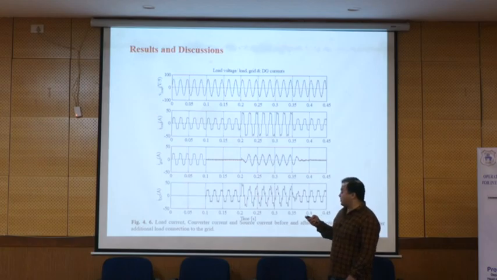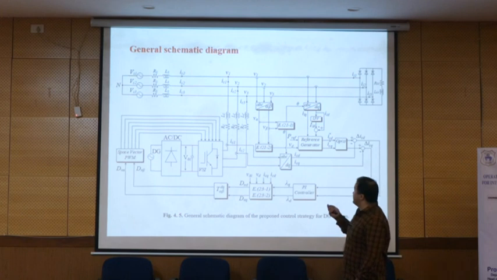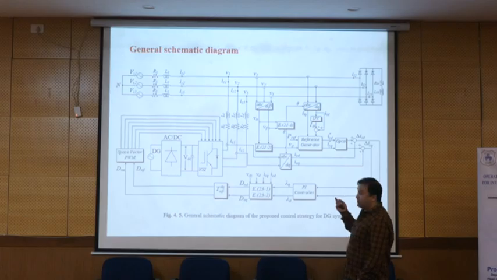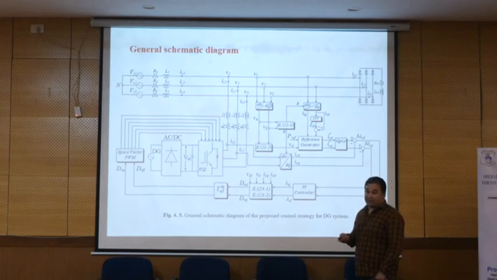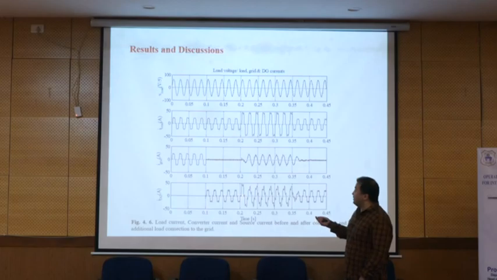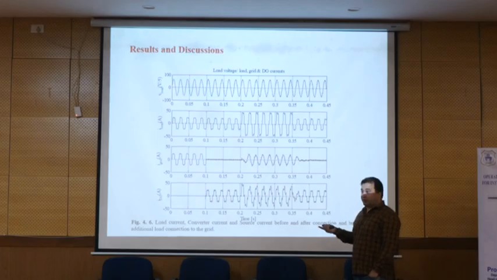But in our system, we mentioned that it injects all the reactive power in fundamental and harmonic frequency, plus the harmonic. And if we have extra, we can use the fundamental frequency active power. Otherwise, we can buy. So it injects all the reactive power in fundamental and harmonic frequency.